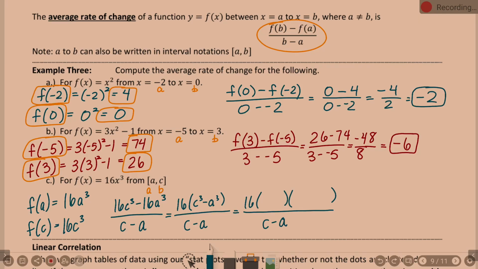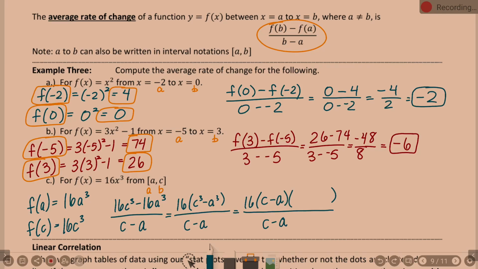In the first parenthesis are the cube roots. What's the cube root of c cubed? C. What's the cube root of a cubed? A. And what sign is already there? Minus. So that's c minus a. Okay, in the trinomial, the first piece is the first cube root squared. So c squared.